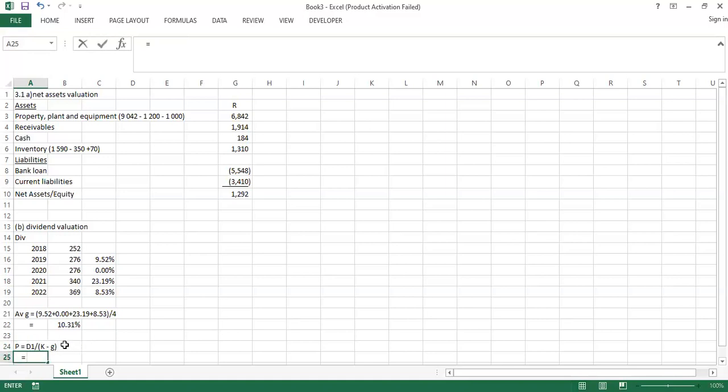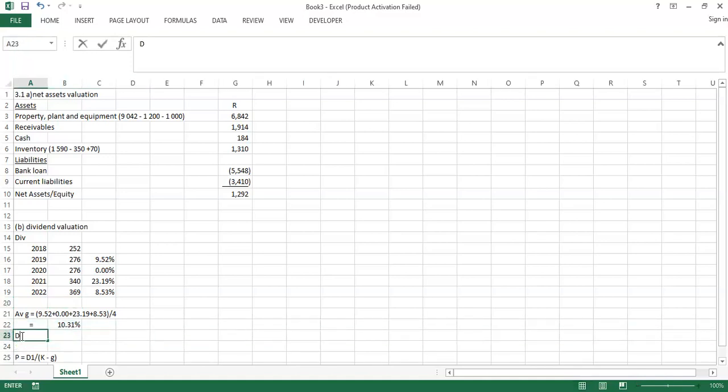So what is our D1? Our D1 is our next dividend from 2022. So which means now we have our 2022 dividend being 369. So if we grow this dividend by the growth rate there, what would that give us? Let's do the calculation quickly.